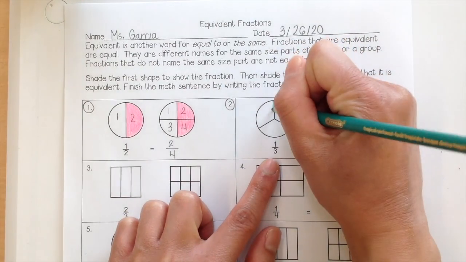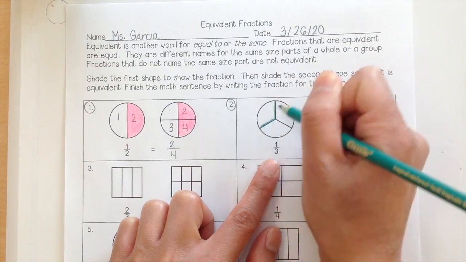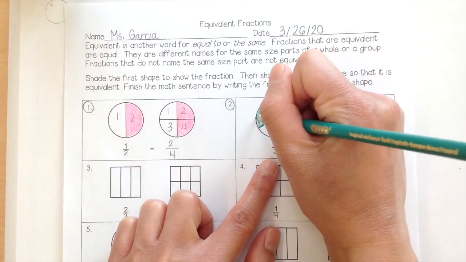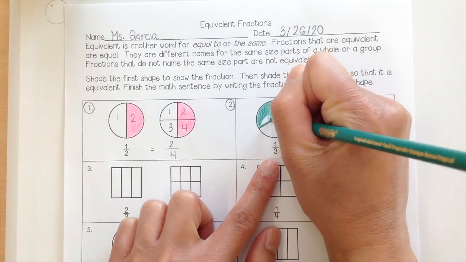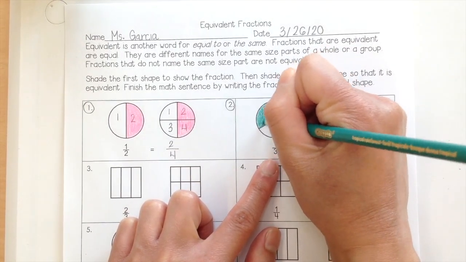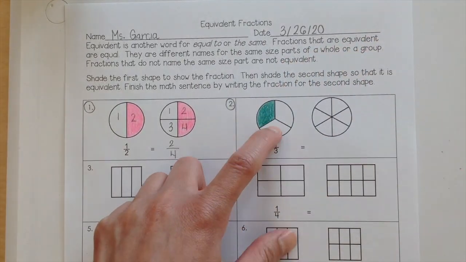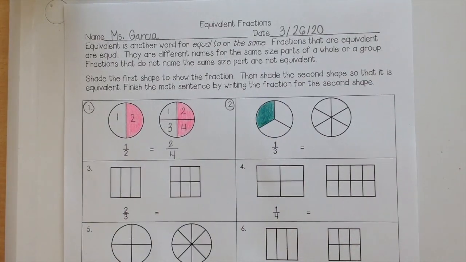Now, it doesn't matter because it didn't specify which part to shade, so I just get to choose. So I chose this top one on the left side. I could have chosen the one on the right side or the bottom share too. It doesn't matter. Okay, so shaded 1 out of 3 parts.